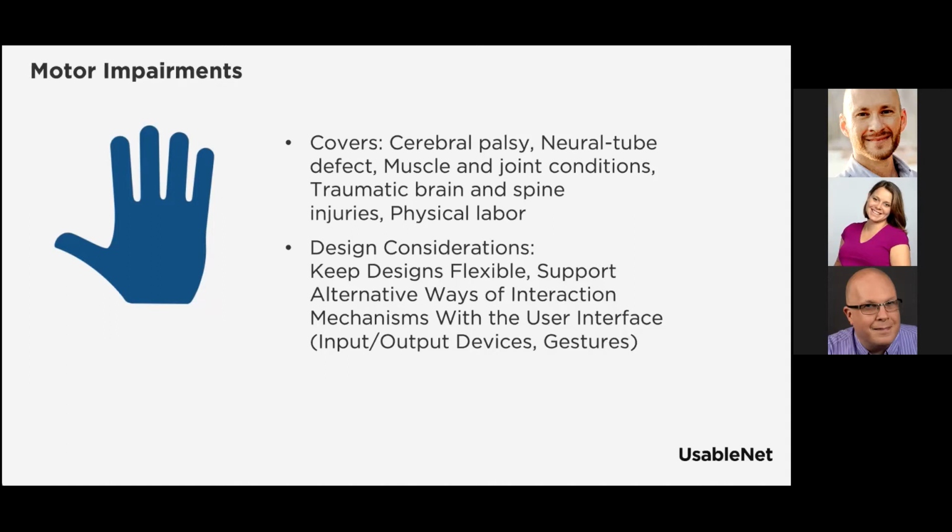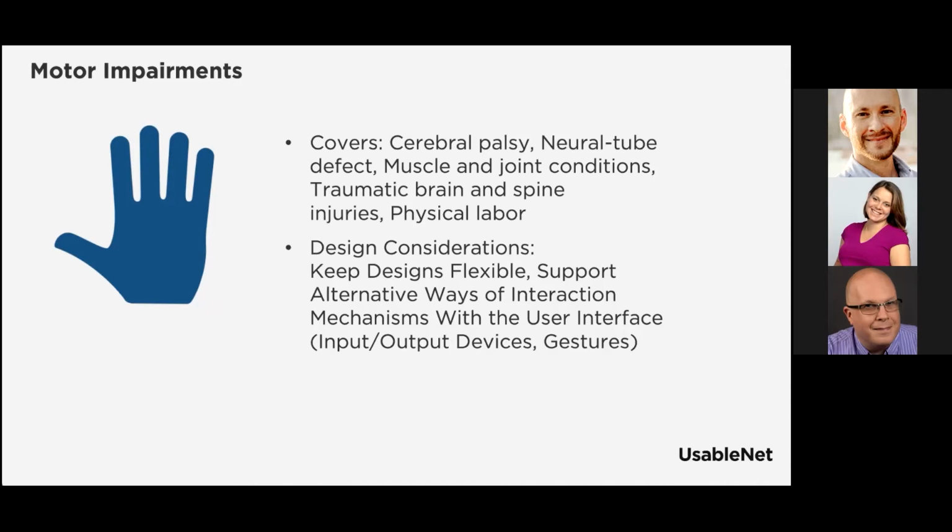So first of all, keep your designs flexible. Don't bind your designs to exact coordinates and positioning, because they will break easily as soon as users start to adjust them using browser controls, like increasing the font size of the page or zooming into the page, things like that.